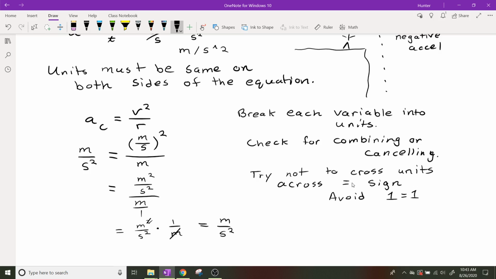If I give you an equation that doesn't work, 1 will not equal 1. You won't be able to get all of the units to cancel each other out. If a formula is not consistent with reality, then you can't actually get those things to cancel out. Okay? So let me give you an example.